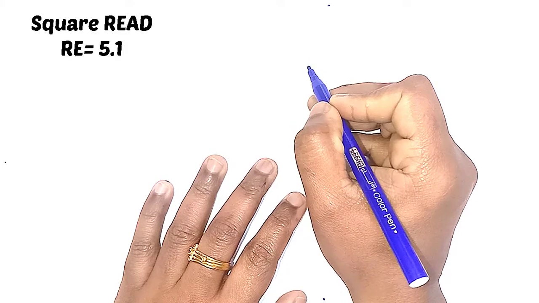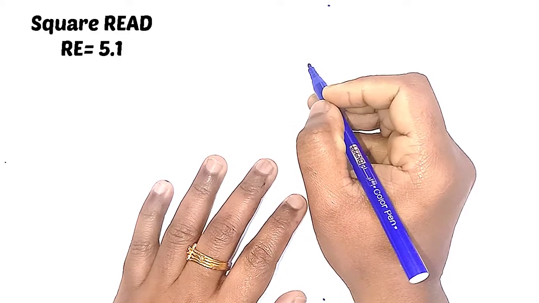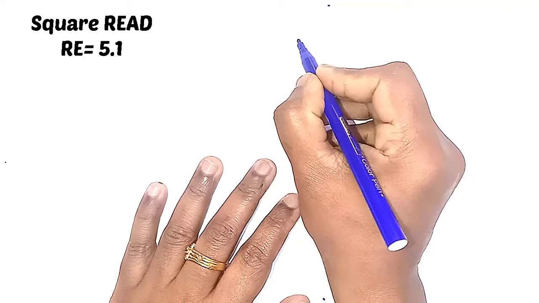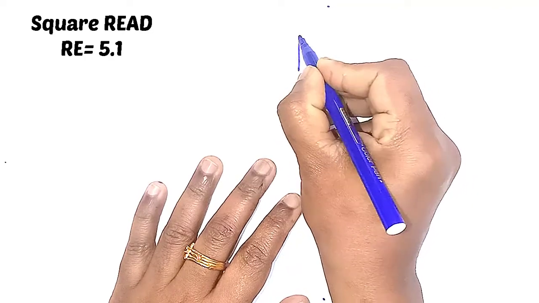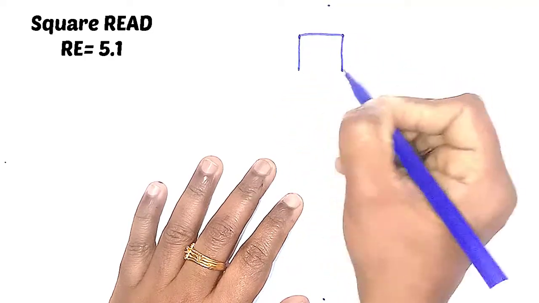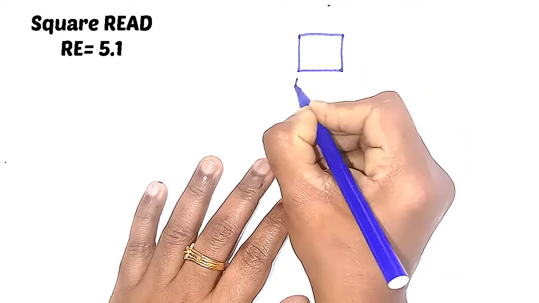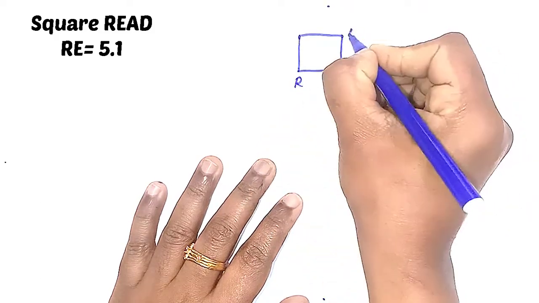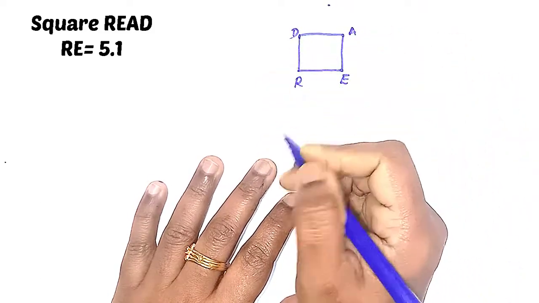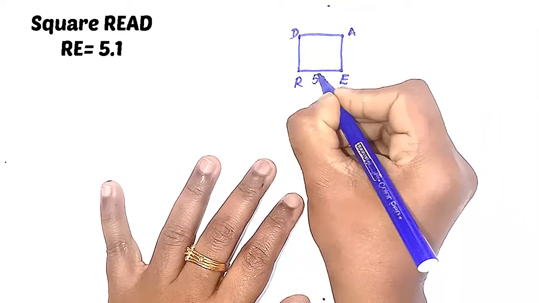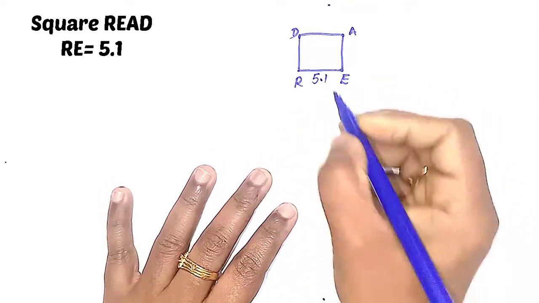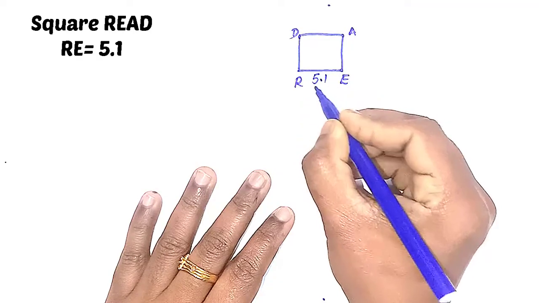First you have to draw the rough sketch. Square READ. RE is equal to 5.1 centimeter. In a square, all sides are equal in length.